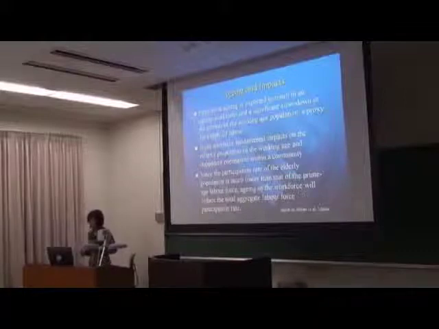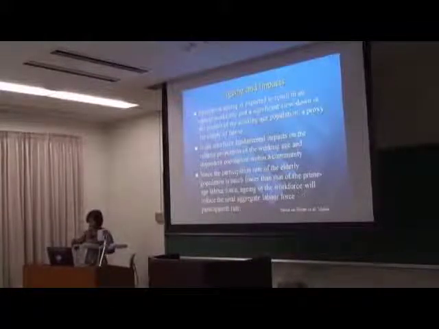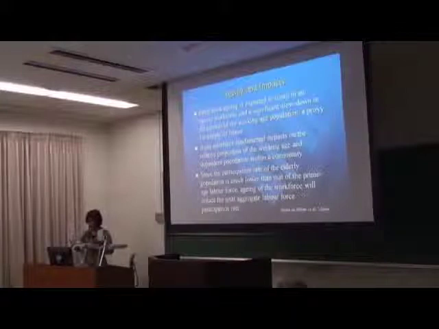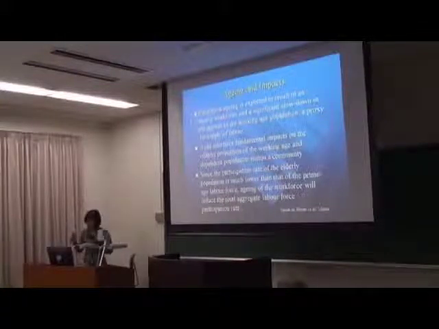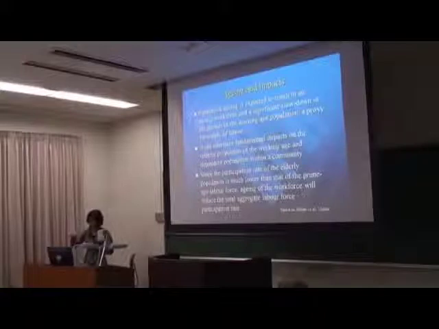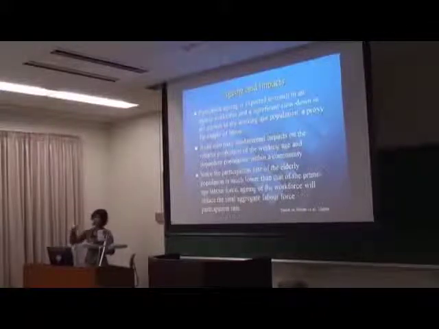They said the population aging is expected to result in an aging workforce and a significant slowdown in the growth of the people in the working age. It can also have fundamental impacts on the proportion of the working age and the dependent population. Dependents mean the youngsters and the elderly, okay?